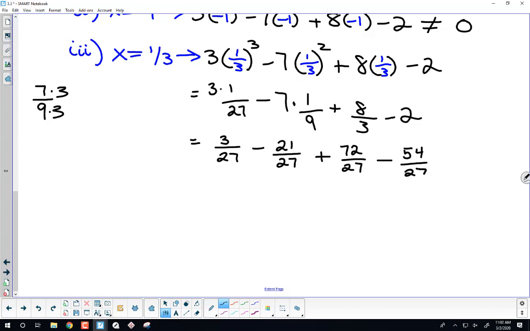And now that we have the same denominator, we just subtract and add across the top and put it all over 27. So we have 72 minus 54 minus 21 is minus 3, plus the 3 on top gives us 0 over 27, and 0 over 27 is equal to 0. We can't divide by 0 on the bottom, but 0 divided by some number is always 0.